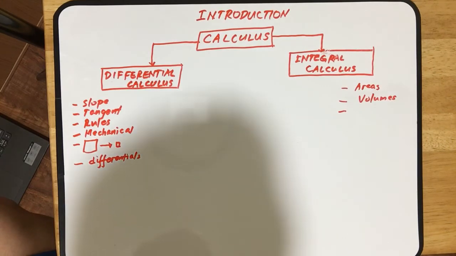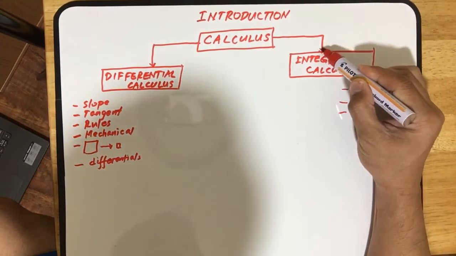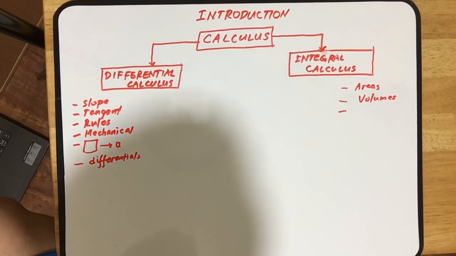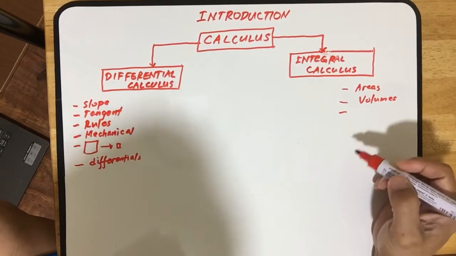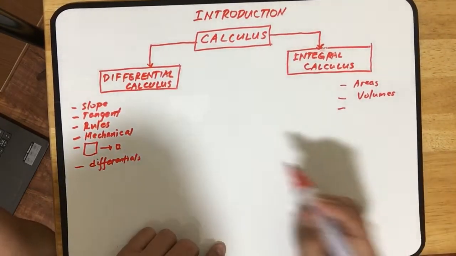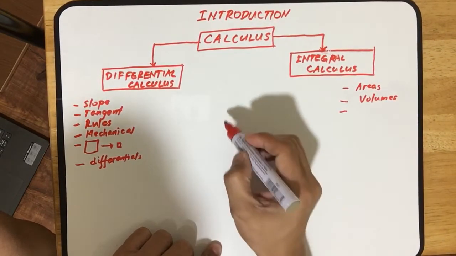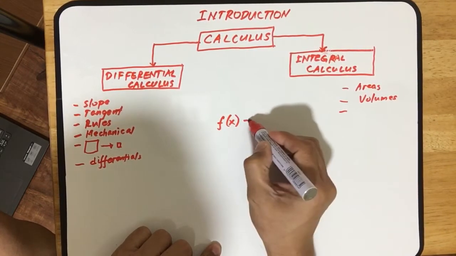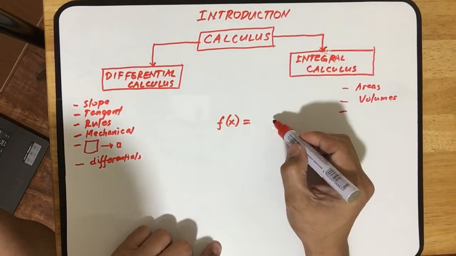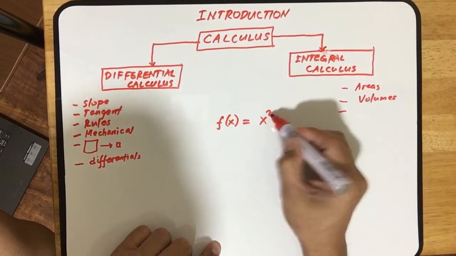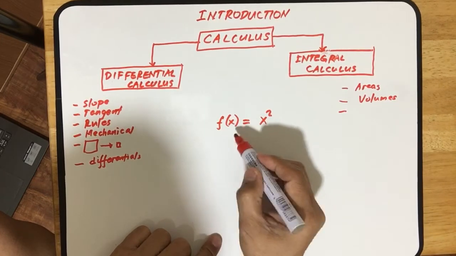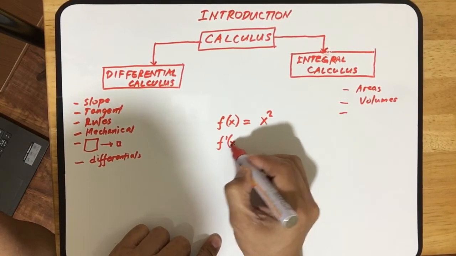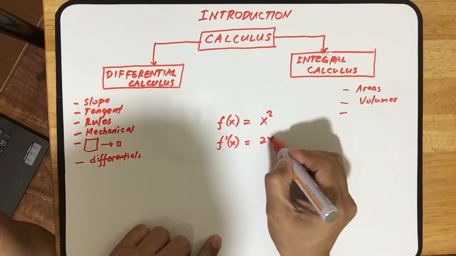But the formulas used in the software are the basic formulas that we will be learning from this calculus. For example, if you're given a function, if you can still remember from our calculus, say the function given here is x squared, and you solve for the derivative of this function, we have the symbol f prime of x, which is equal to 2x, right?